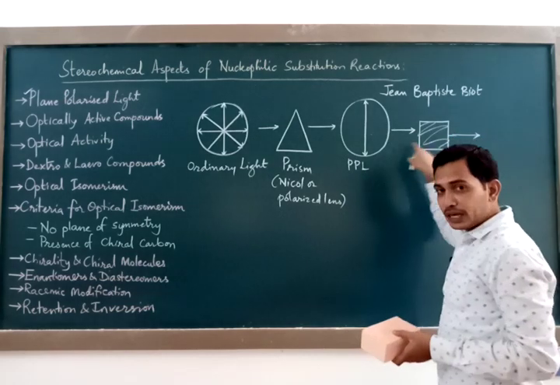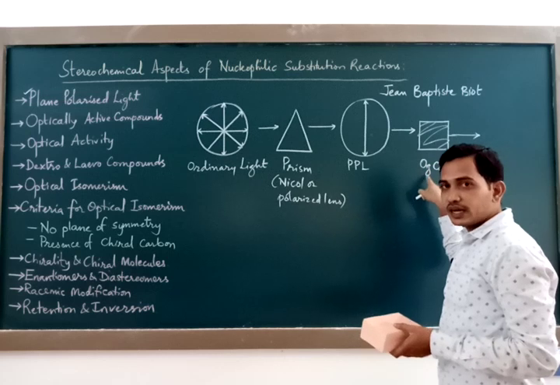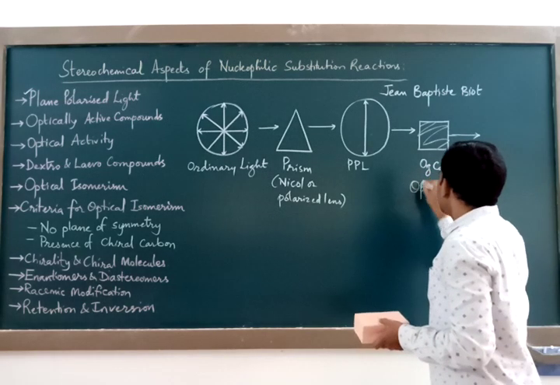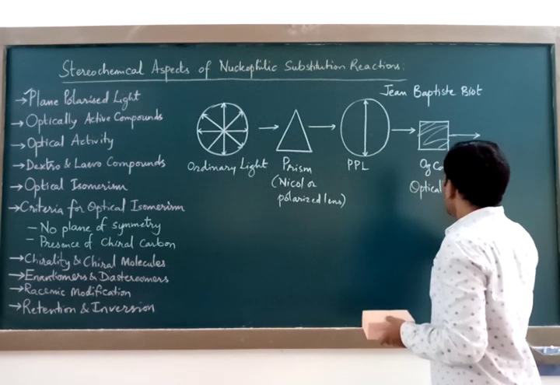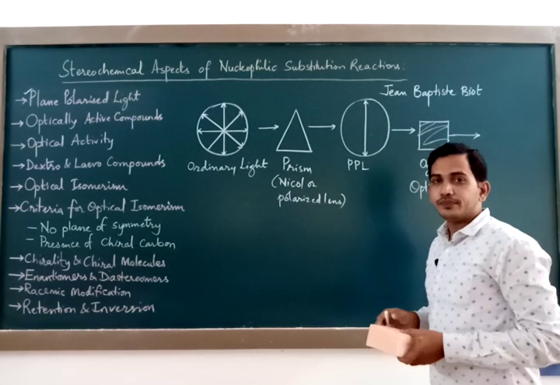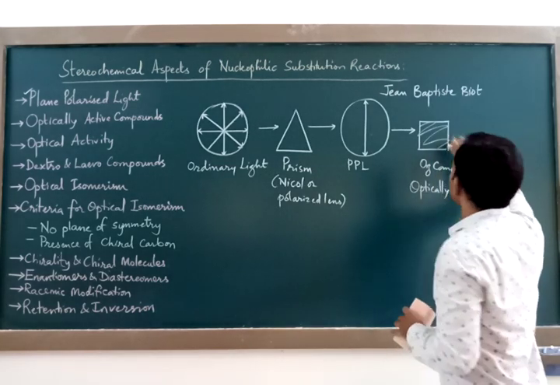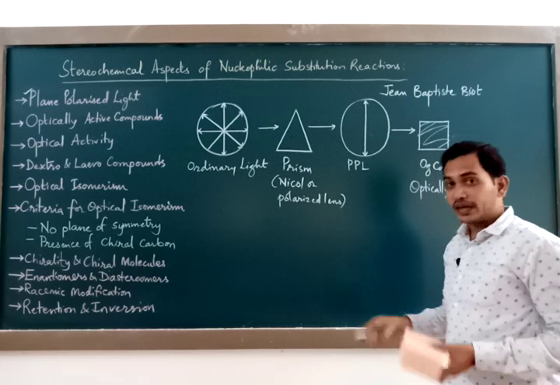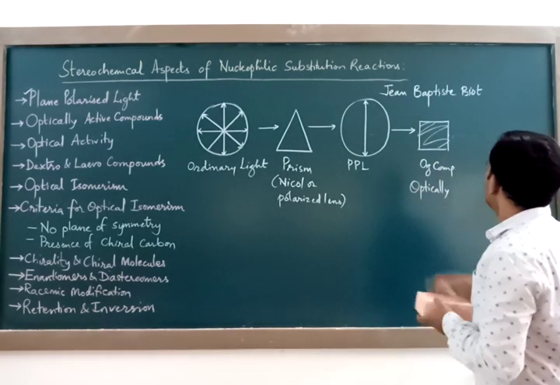If it allows plane polarized light to pass through it, then we say this organic compound is optically active. If no light comes out, then we say the organic compound is optically inactive.